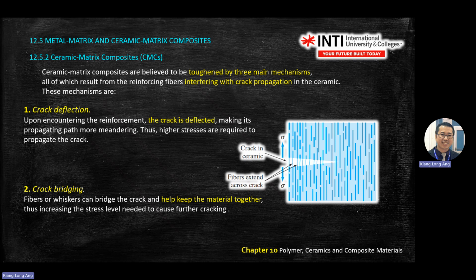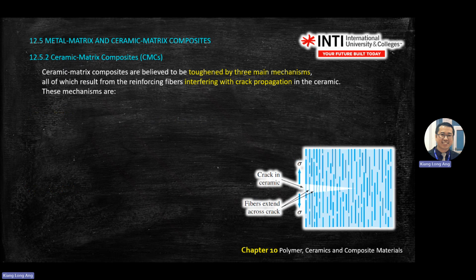When you tear this one, the fiber will continue to extend, and the crack can stop somewhere here, because the fiber is still there. When you tear a fiberglass, tear a composite material, you'll see some strings come out. Crack bridging and all this.